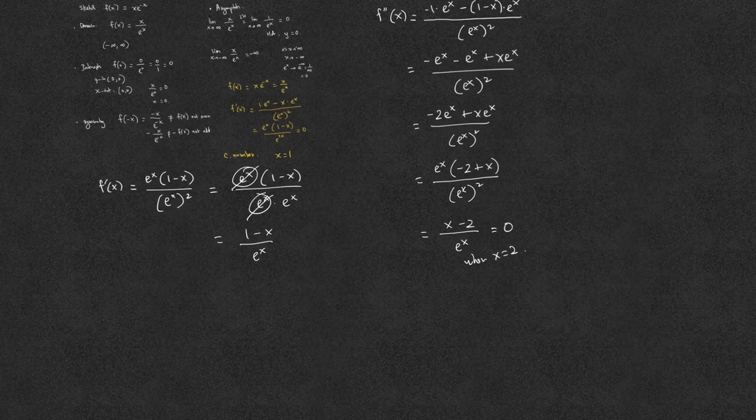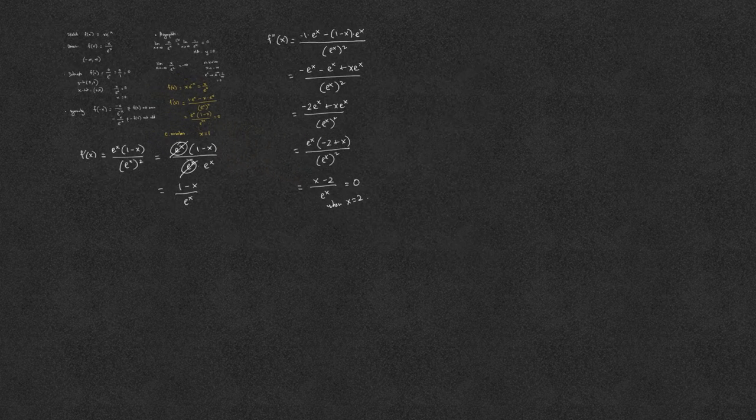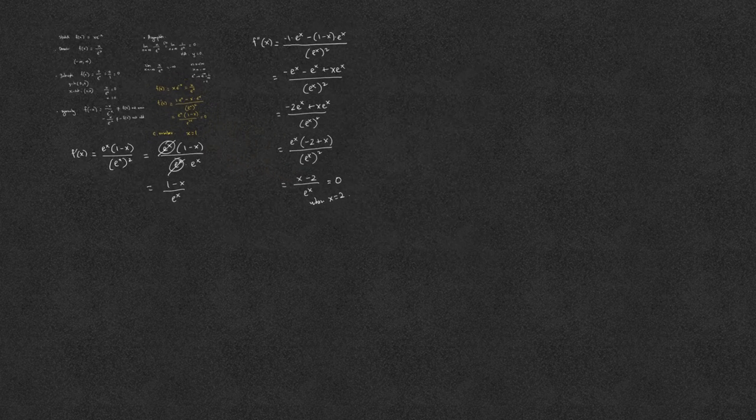Now that we have the information for the first and the second derivative, we will construct the sign chart for both and combine them. The sign chart for f prime: the only critical number is x equals 1.